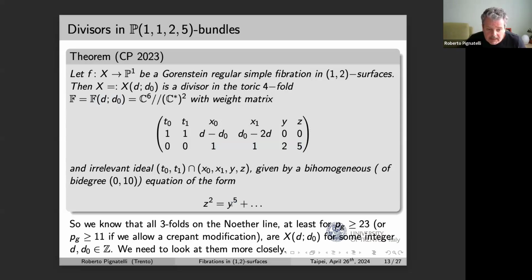But this equation here, lucky enough, misses these two sections, because at these two points this part will always be 0, and one of these two will be nonzero, and the other one will not. So the equality is not satisfied. So my threefold does not intersect the singular locus of the fourfold, so it is a divisor in a smooth ambient space, so it is Gorenstein.